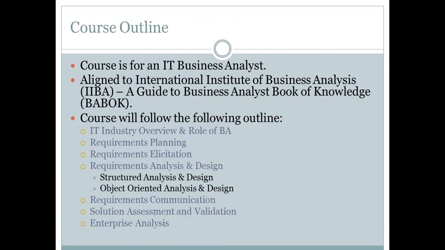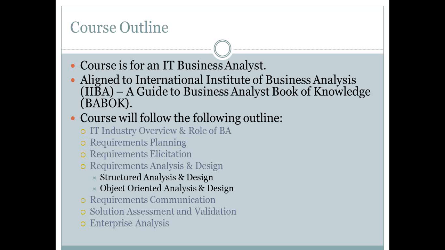However, we are not focusing on certification. The focus is on ensuring that we have our fundamentals right. So the target audience is mostly people who are coming from a non-business analyst background and want to get into a business analyst role. It could be fresher graduates coming out, or technical team members moving into a business analyst role, or people from other industries as well.